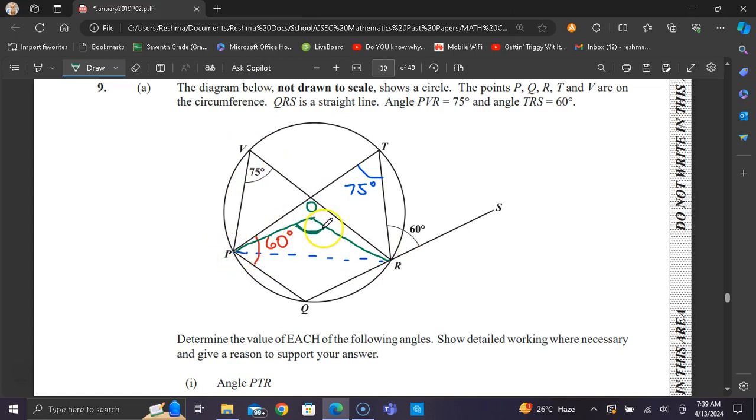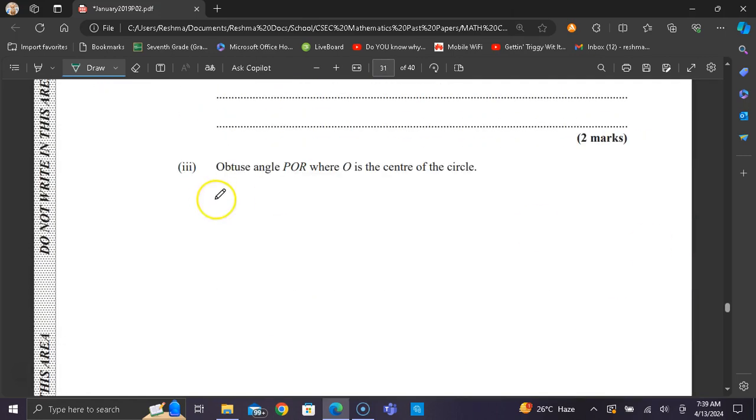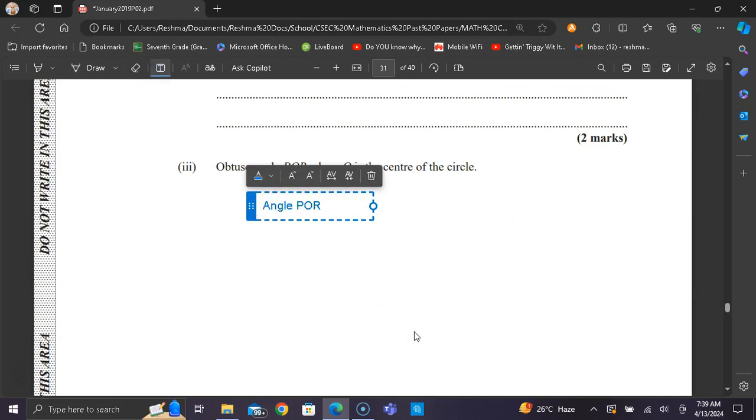Therefore angle POR is 75 times 2, which is 150. So angle POR is equal to 75 degrees times 2, which is equal to 150 degrees.